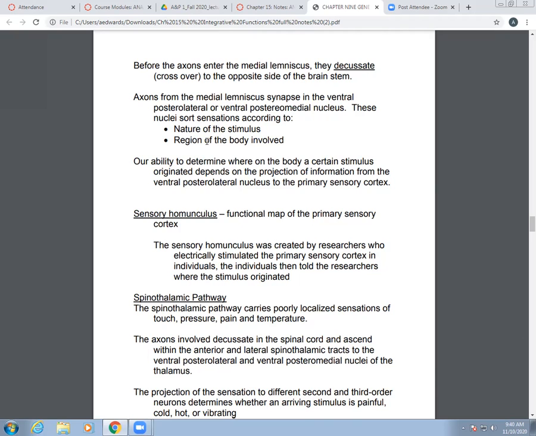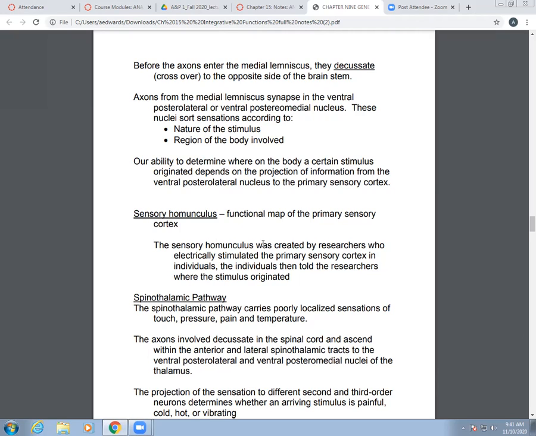So these nuclei are going to sort or organize the sensations according to the nature of that stimulus and what part of your body is involved. Okay. So your ability to determine where on your body your stimulus has come from is going to depend on the projection of that information from these areas we just talked about, the ventral posterolateral nucleus, up to the primary sensory cortex. Okay. We also have the sensory homunculus, and it provides essentially a map of your primary sensory cortex.